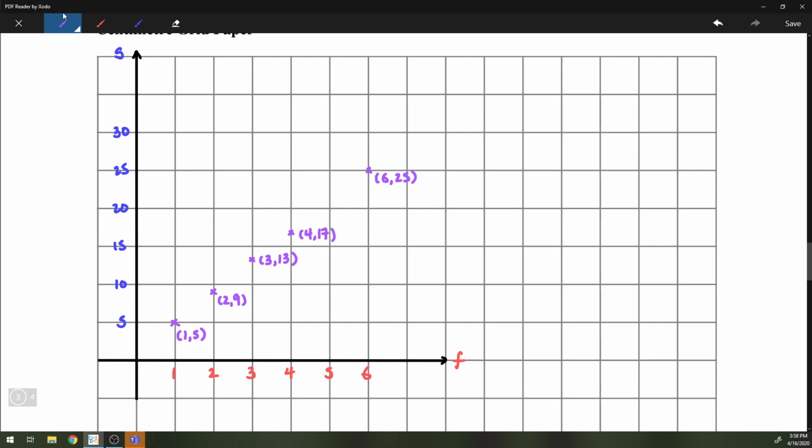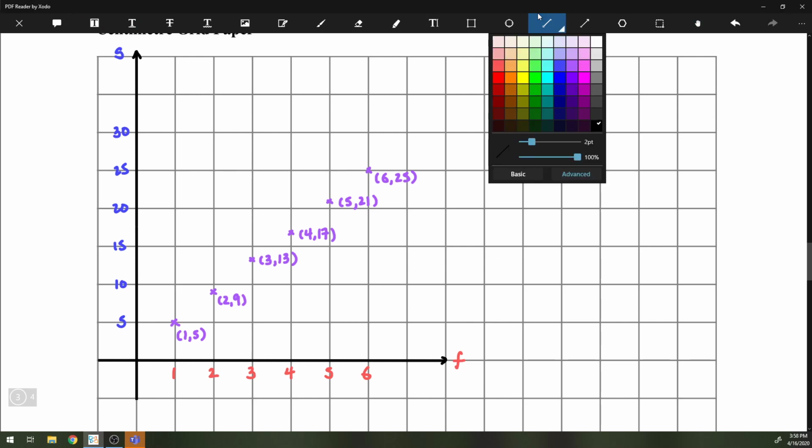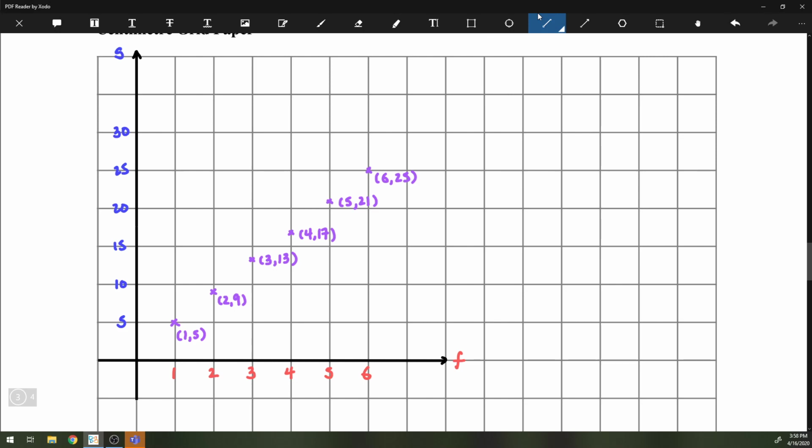And finally 5, 21. So that will be 1/5 of the way up from 20. This is 2/5 of the way up from 15. And if you did this reasonably well, you will get a straight line. Okay, and you can show that by drawing a straight line through the points, like so.